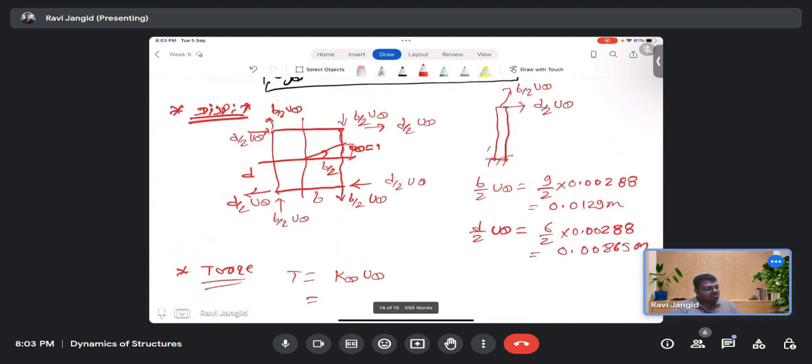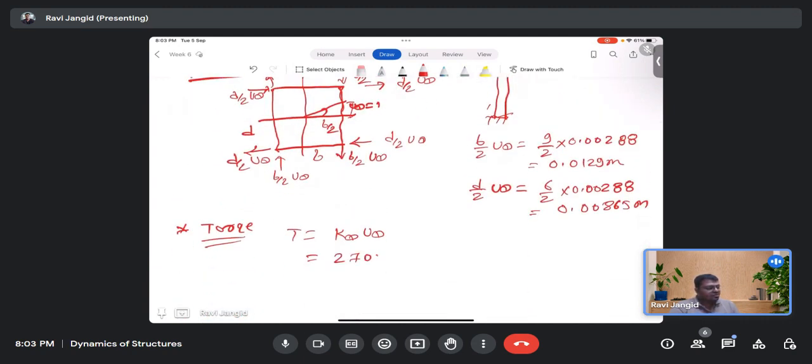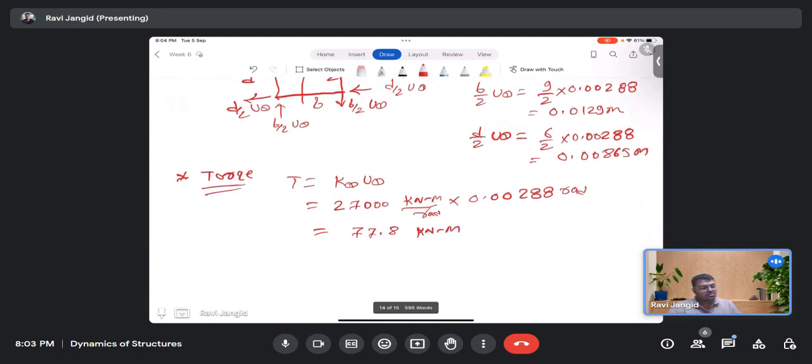So that is 27,000 kilonewton meter per radian into u theta, which is 0.00288 radian. So that will be coming out to be 77.8 kilonewton meter.